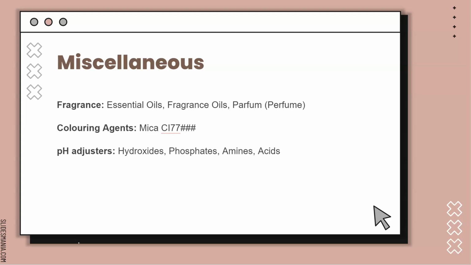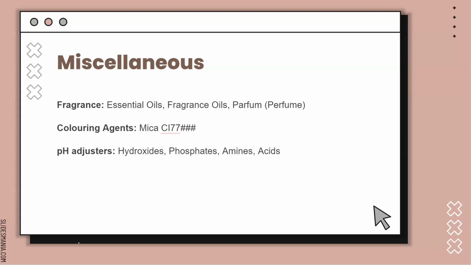An example would be orange. Citrus sinensis oil is for sweet orange in your ingredient list, and citrus aurantium would be for orange oil, something like that.